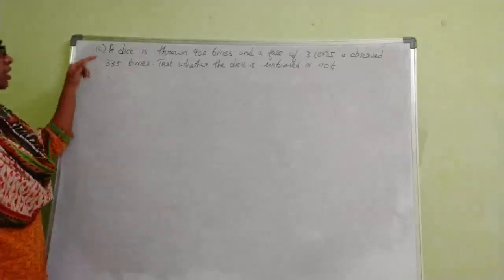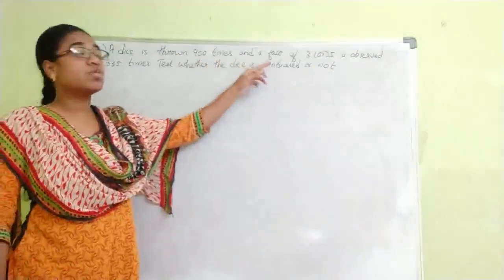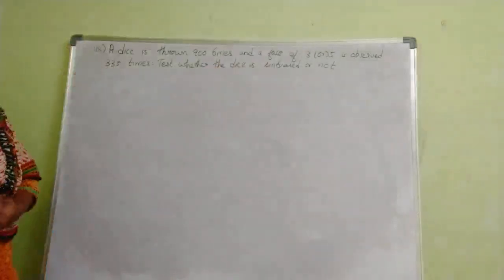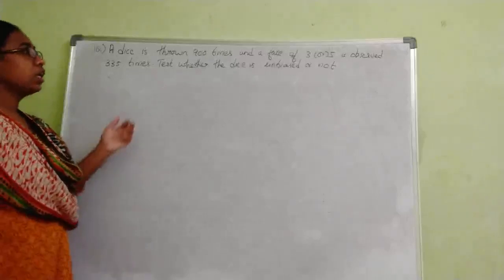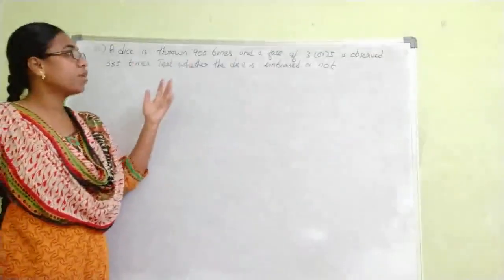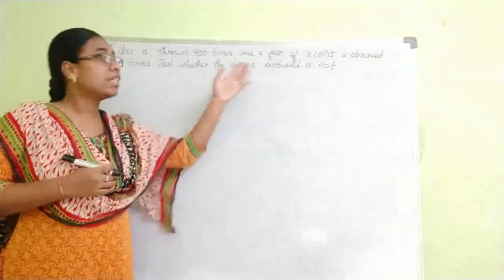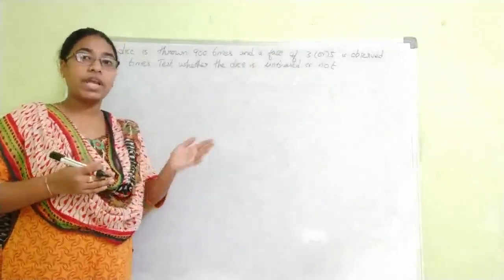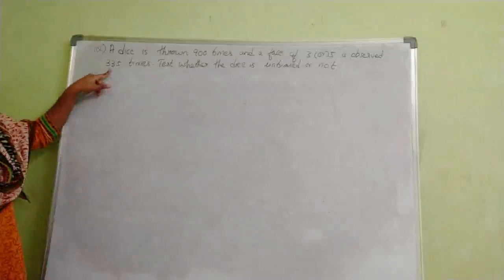Now coming to the first question. The question is: a dice is thrown 900 times and a face of 3 or 5 is observed 335 times.